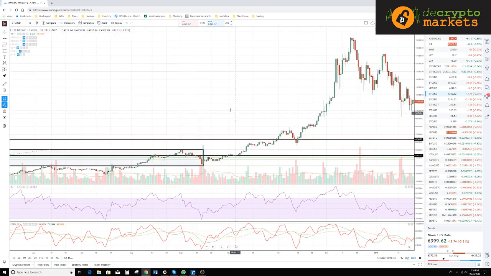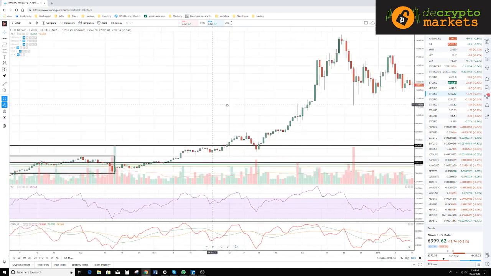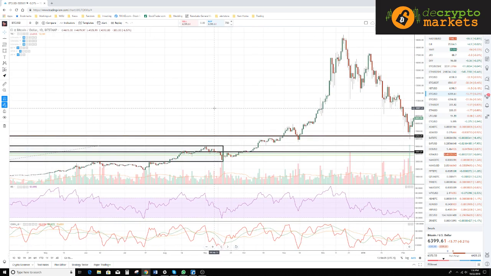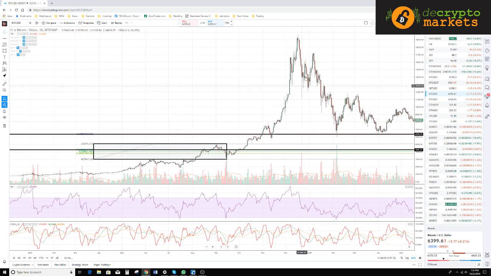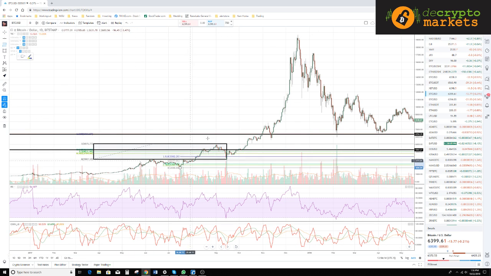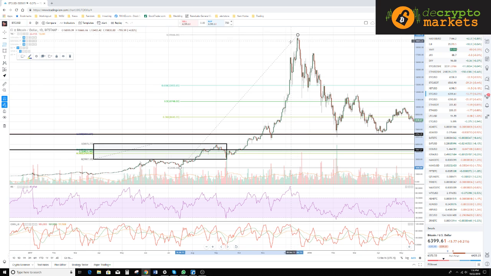That's the 618 ratio from a couple major swings. But what we're really looking for now is we've got this big move that we had back last year. And we want to just really get into getting a lot of these swings and finding the major confluence zones.